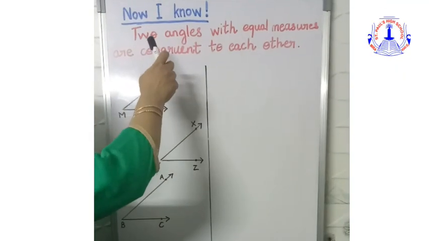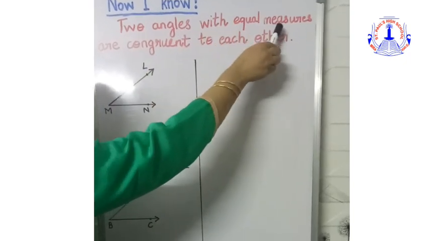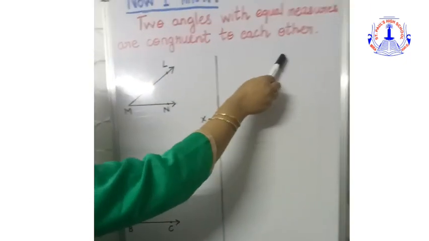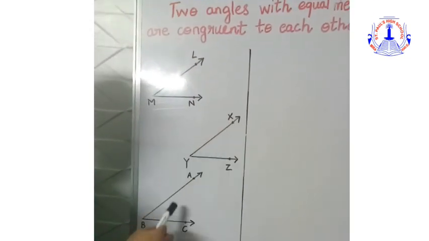From the above activity, we have learned two angles with equal measures are congruent to each other. If the angles are of equal measure, they are congruent. Now here three angles are given.